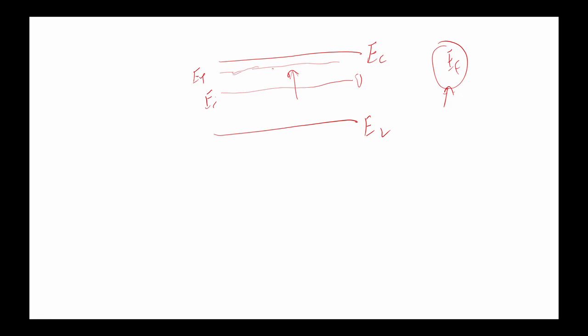It is all because of the Fermi-Dirac distribution that we have seen. The Fermi-Dirac distribution goes like this. There is very little overlap at this point between the trap density and the Fermi function Ft. So Et into Ft is very small.